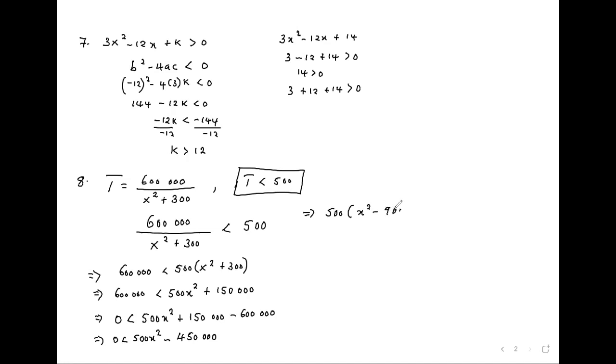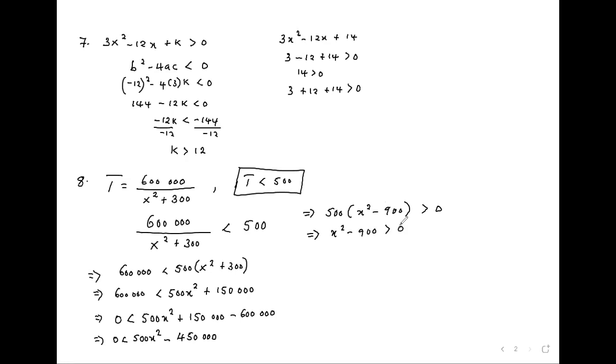So you get 900 here. This is greater than 0. So that when you divide by 500, you have X squared minus 900 greater than 0.